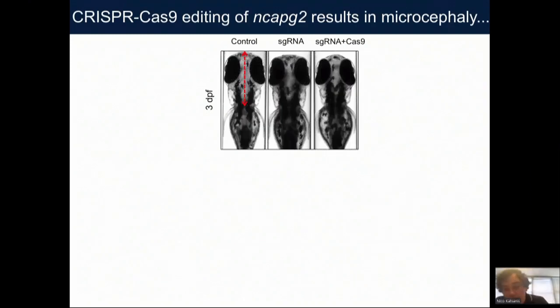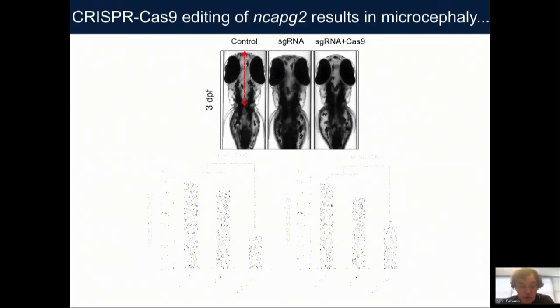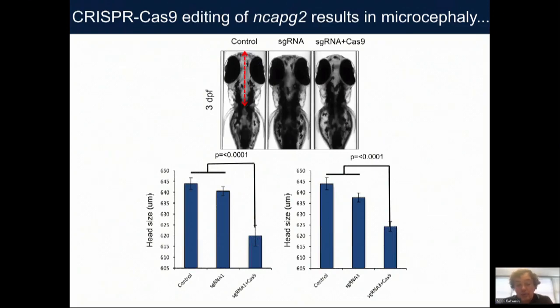Of course, in DNA, we all have the capacity for CRISPR mutants, so we went ahead and we generated a CRISPR mutant for NCAPG2, and we found that the CRISPR mutant recapitulated the morpholino phenotype. I should hasten to add that because perhaps we spend so much effort in validating morpholinos, we have not observed significant discordance between our CRISPR mutants and morpholinos.